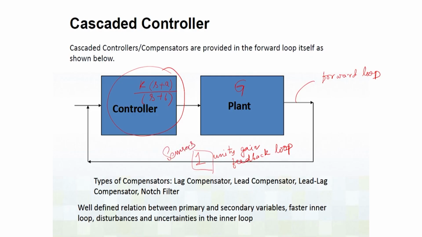Now, there are different types of compensators that you can design for such a system, like the lag compensator, which I talked about earlier, the lead compensator, which we will be talking about today, and using both of them together is called lead-lag compensator. And there is also something special, called a notch filter. So, let us see what the lag compensation design will be.